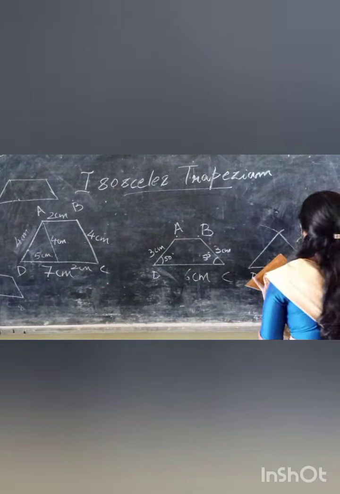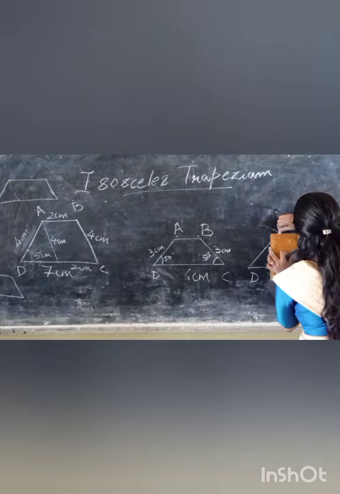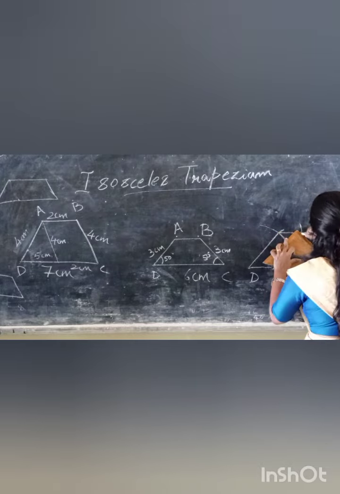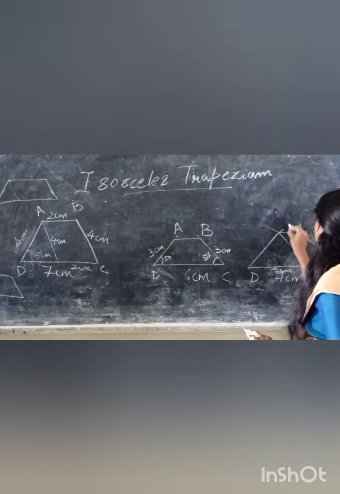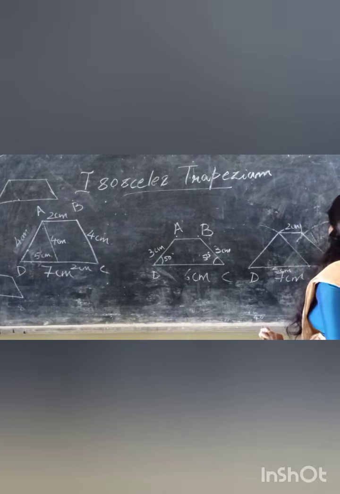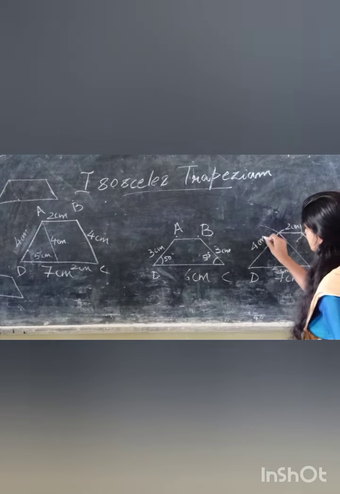Now we shall join this. Now this is the isosceles trapezium. This is 2 centimeters, this will be 2 centimeters. Here the sides are 4 centimeters each.